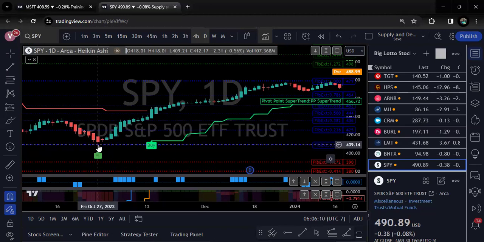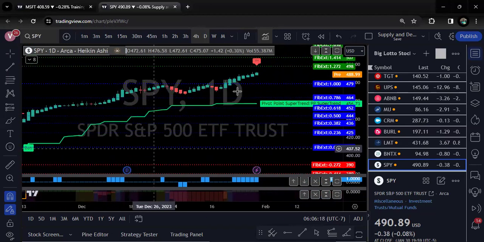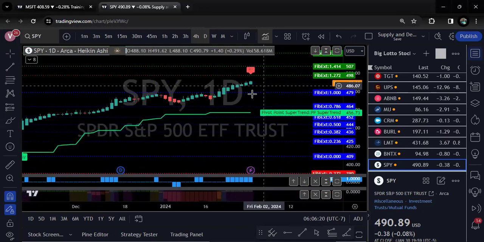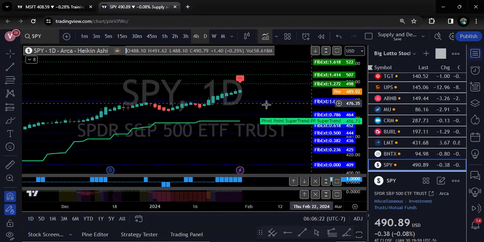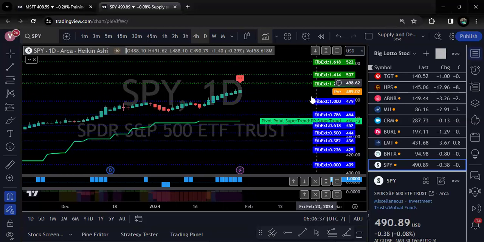So it's taking you all the way back to when the bearish trend began, which is in October. We've broken 100%. 100% was 479, which was the retest level from 2 years ago, or is it 3 now? So we retested that level, and now we're going to the extension.